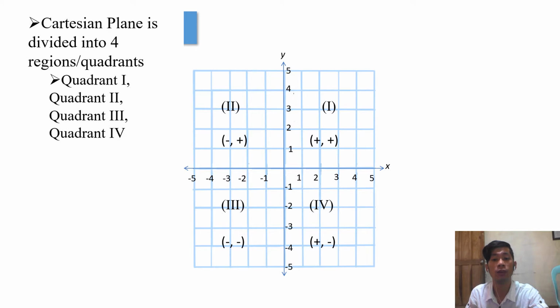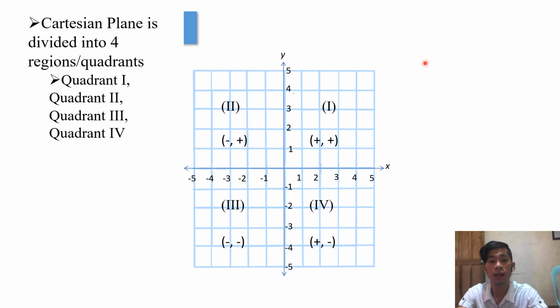For quadrant 1, we have positive, positive. For quadrant 2, that is negative, positive. Quadrant 3 is negative, negative. Quadrant 4 is positive, negative.